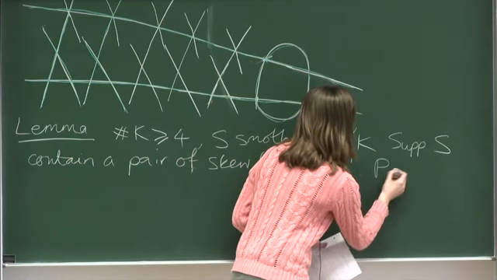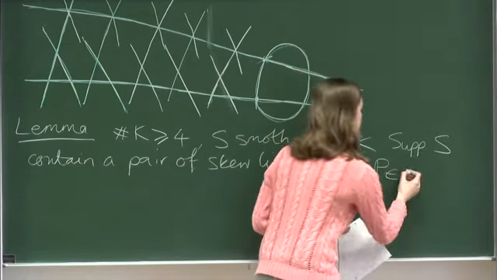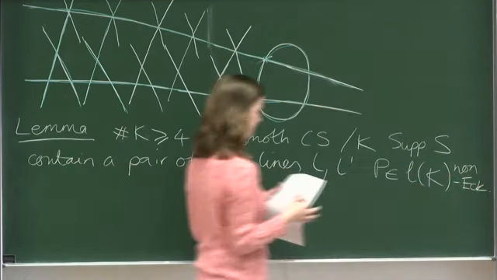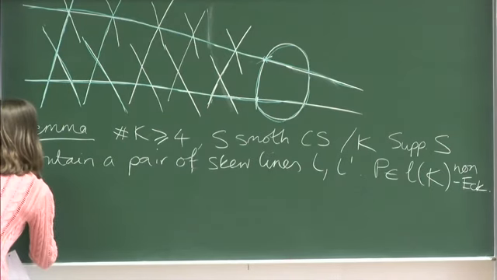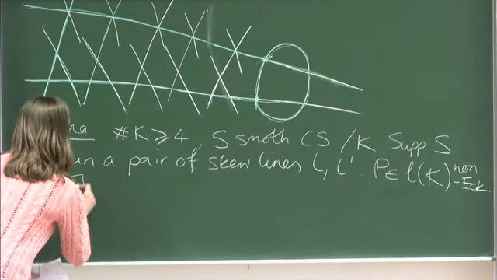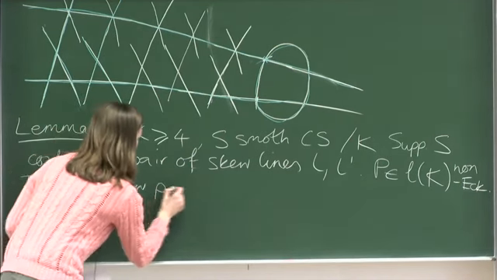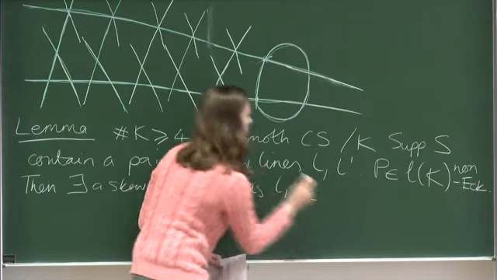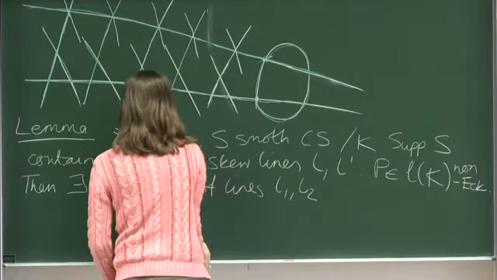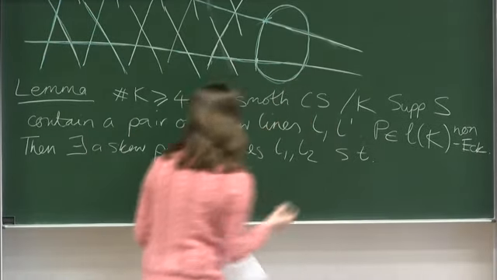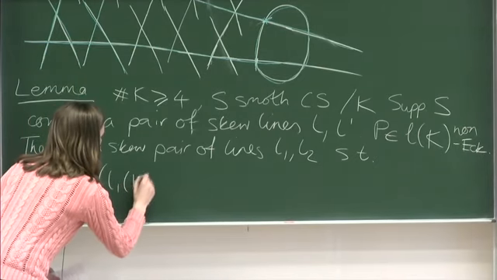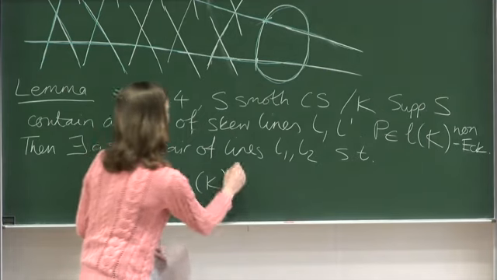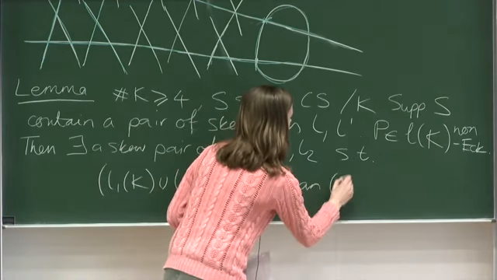And we've got a non-A-cut point P, which we're just going to say is on L. Then there exists a skew pair of lines which may or may not be equal to this pair of skew lines, such that all of the rational points on those two skew lines are in the span of that point P.